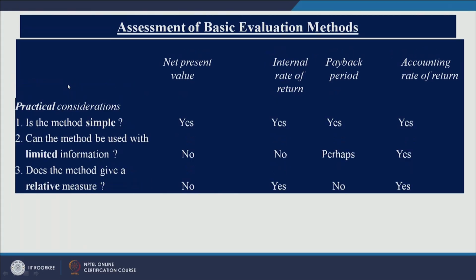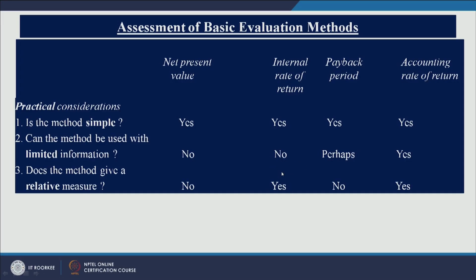Let us look at some practical considerations. Is this method simple? Yes, NPV is simple. IRR is also simple. Payback period is the most simple, right. Can the method be used with limited information? NPV you cannot, IRR you cannot, perhaps you can use payback period, and ARR definitely you can use, right. Does the method give a relative measure?